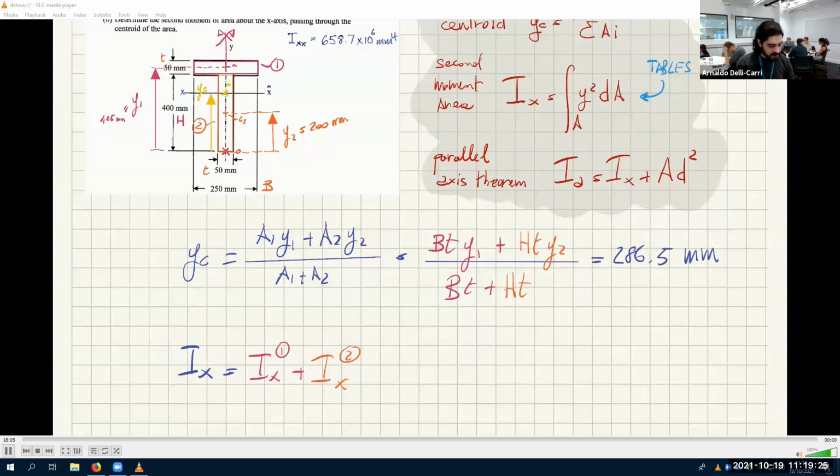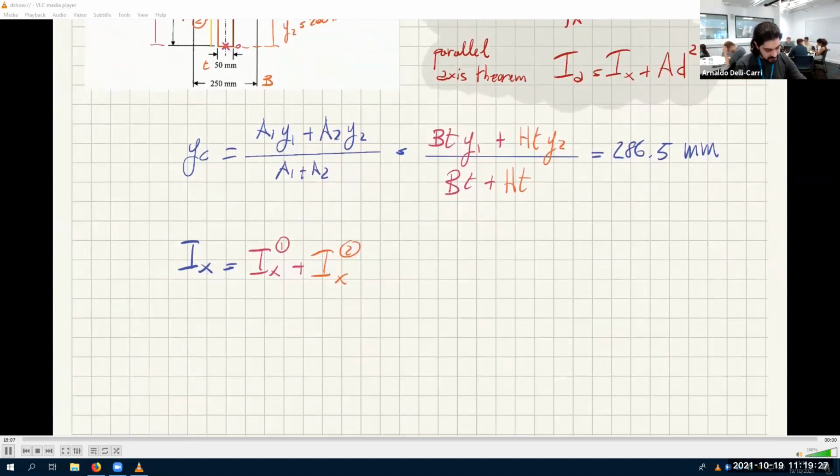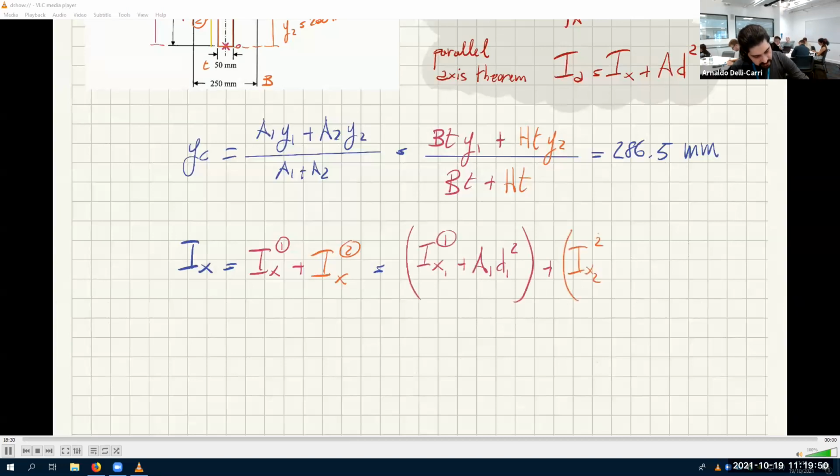Okay, so let's do that. So Ix is, let me split this into Ix1 plus area 1, distance 1 squared, plus Ix2 plus area 2, distance 2 squared.